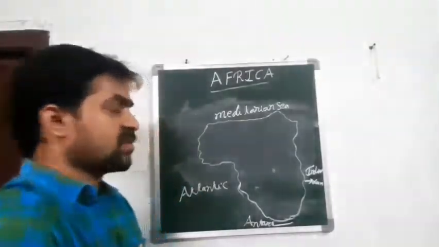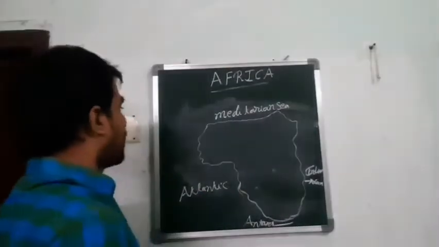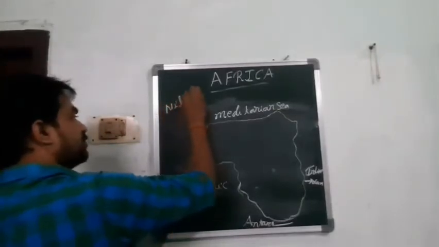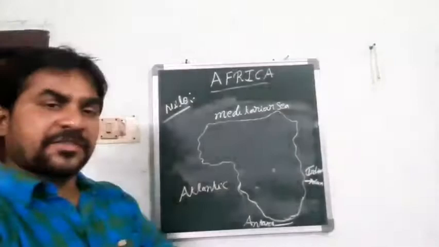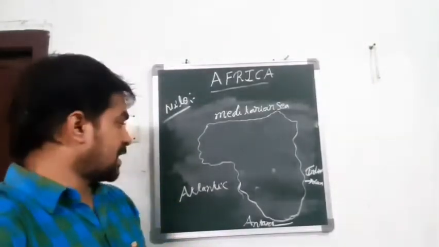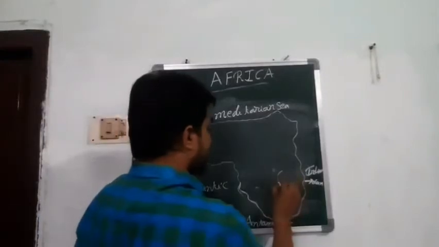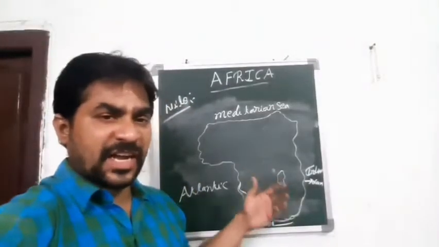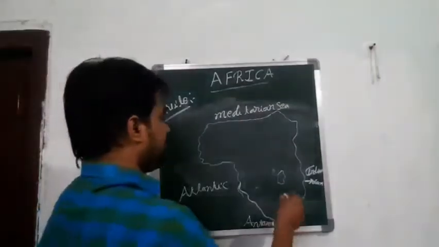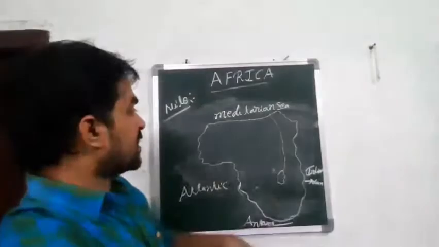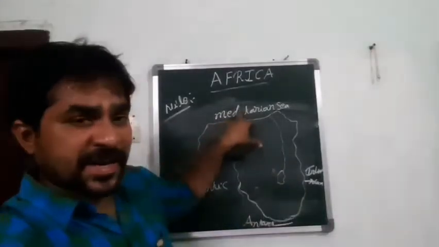Then if you observe one more thing, there is a river named the Nile. The Nile river is the longest river in the world. It starts from the region of Lake Victoria. Lake Victoria can be found in the region of Tanzania, and the river flows through Egypt. It joins in the region of the Mediterranean Sea.